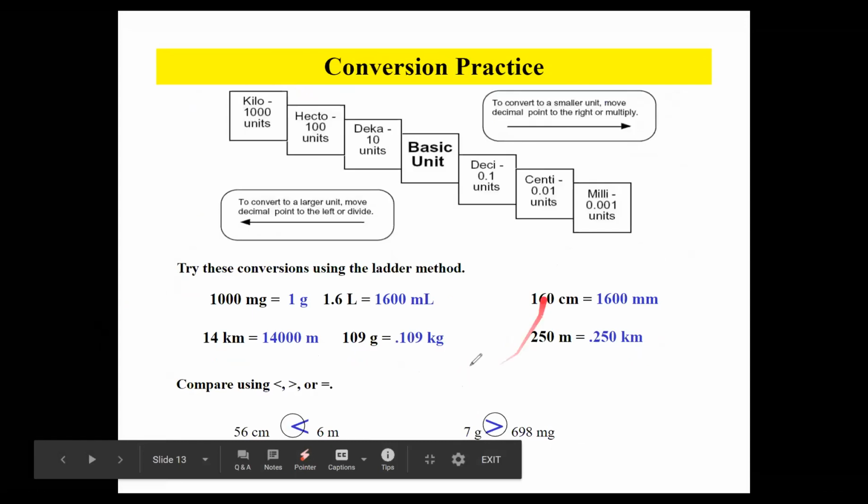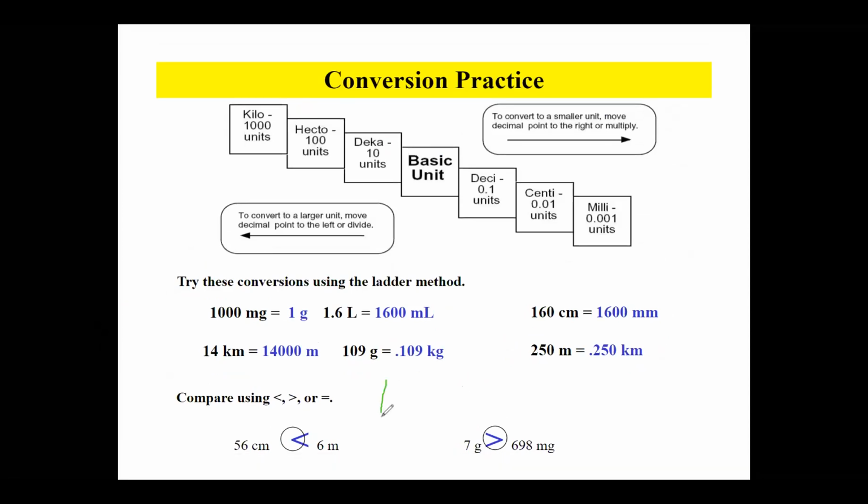All right, so for our first example, we have 198 grams, and we want to convert it to kilograms. If our starting unit is grams, where does that put us on our ladder up here?